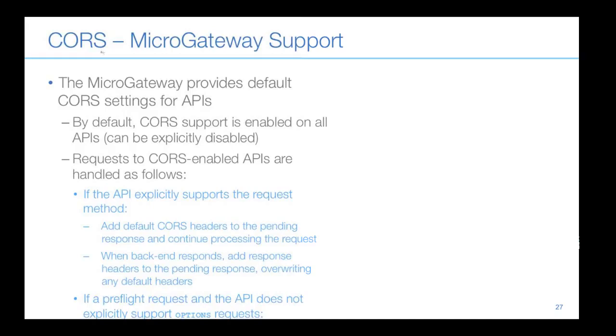The current behavior is that every header that comes in from the original request is copied into message.headers. That's the context variable that we discussed earlier on. So everything from the request will be copied there.